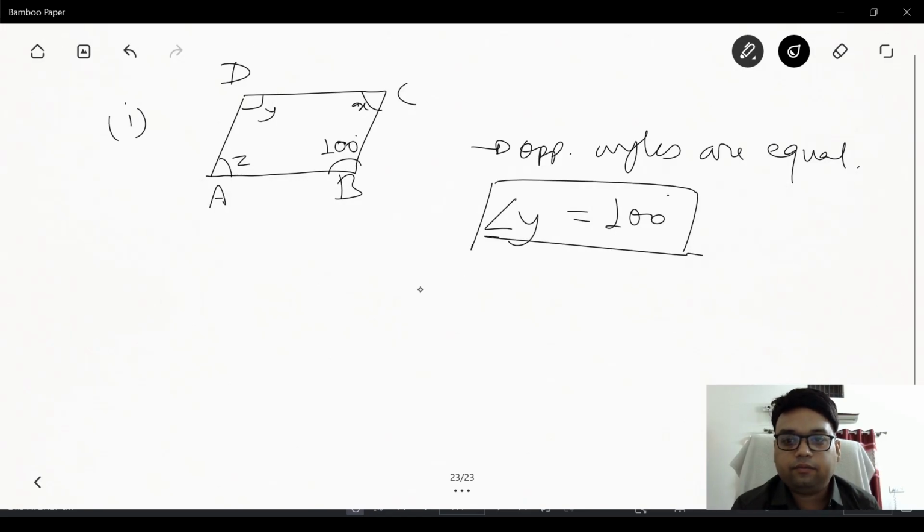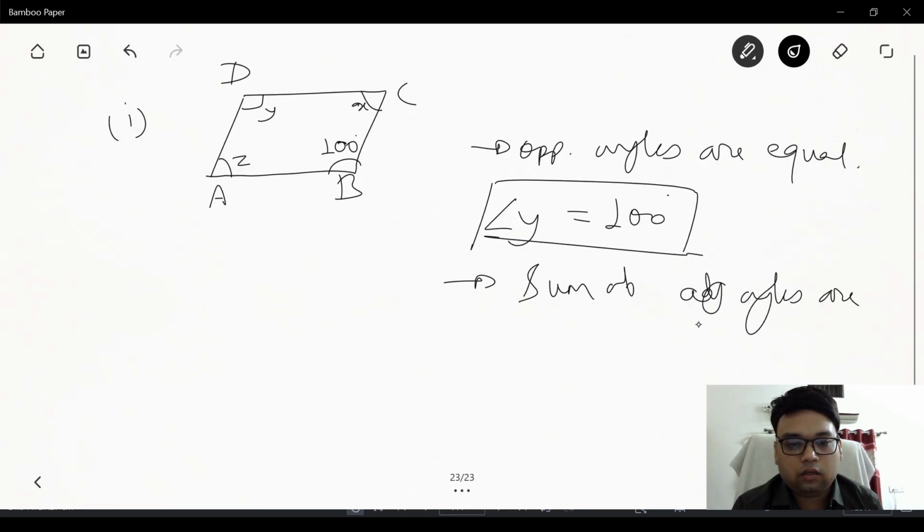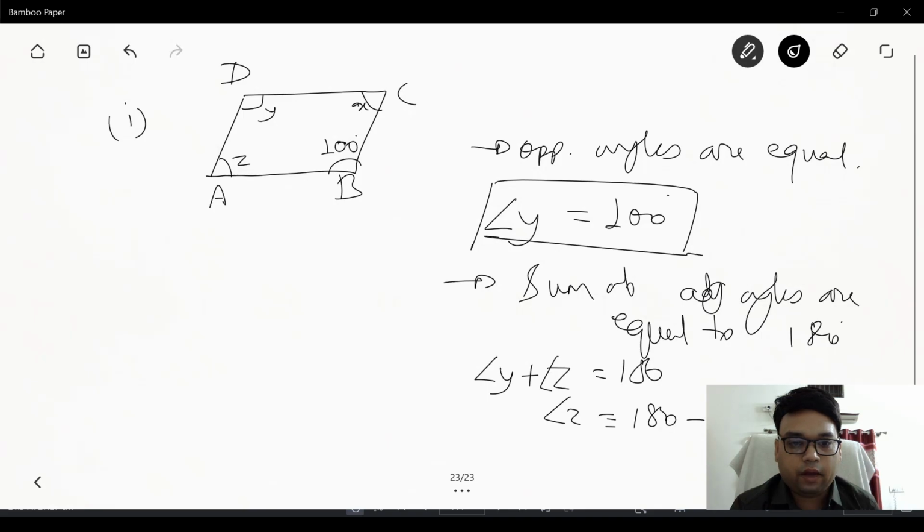Now the second property which we used in the previous question is that the sum of adjacent angles is equal to 180 degrees. Therefore angle Y plus angle Z is equal to 180 degrees, and angle Z is equal to 180 minus 100.